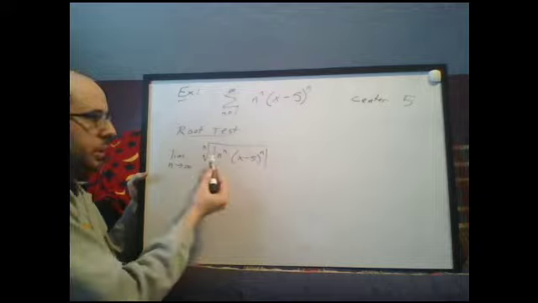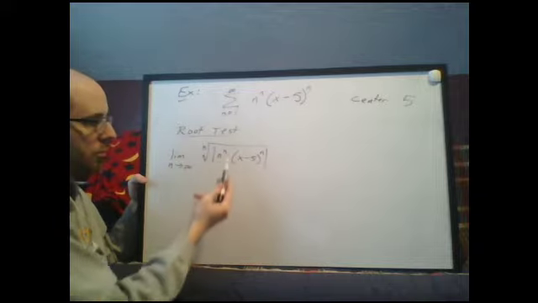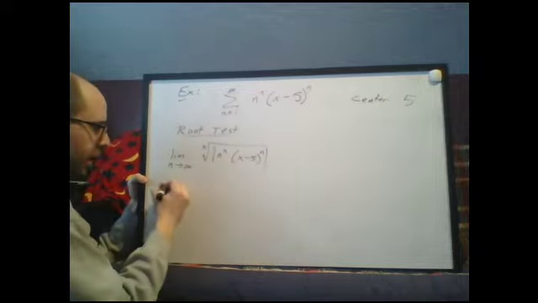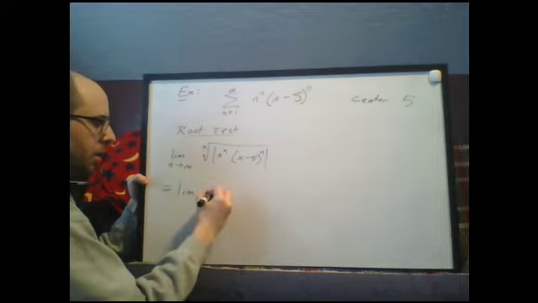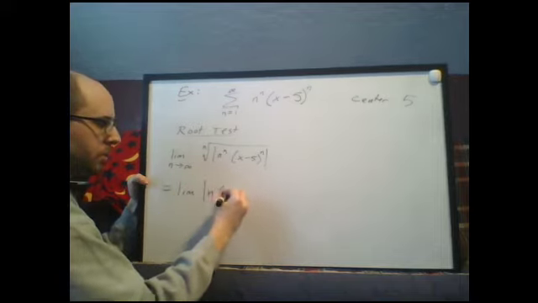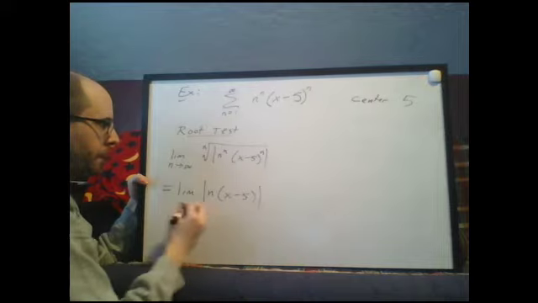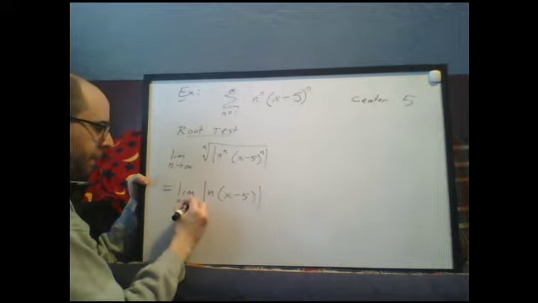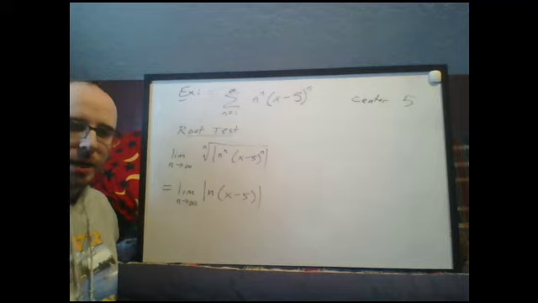Taking the nth root is just going to cancel these n's and divide each exponent by n. That gives me the limit of absolute value n times x minus 5 as n goes to infinity.